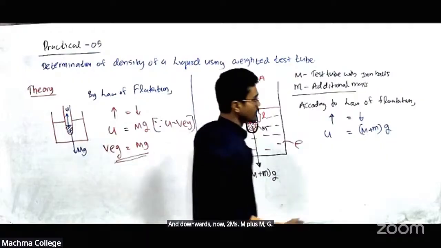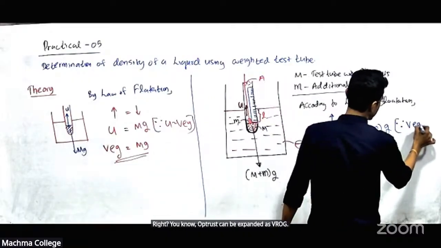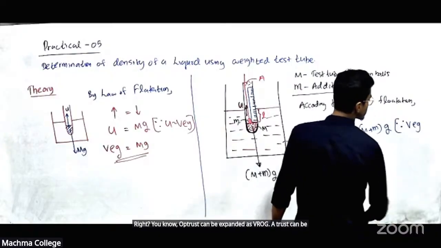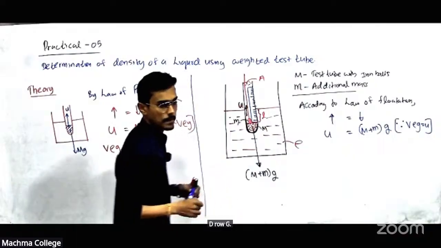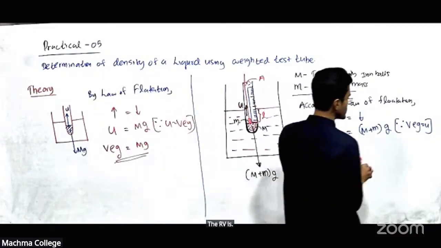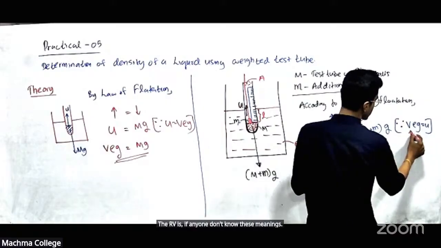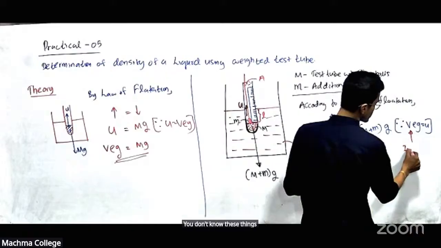We know upthrust can be expanded as V rho g, where V is the immersed volume. If you are in the 26 batch, there is no way that you don't know these things. This is called immersed volume.